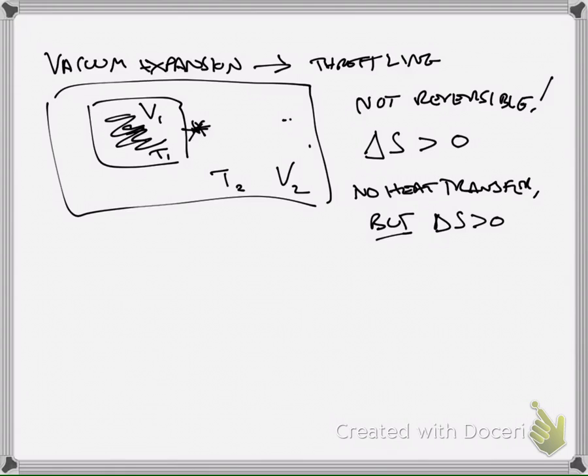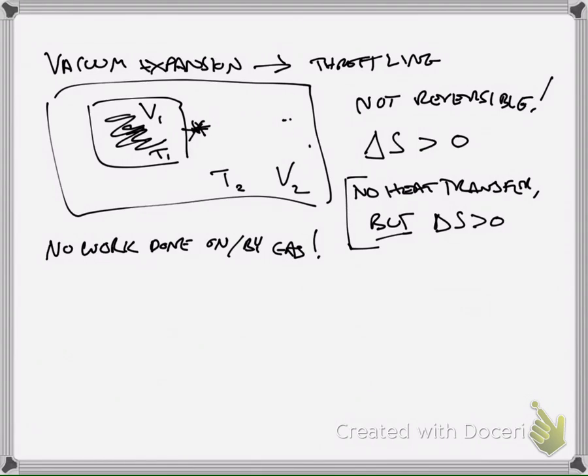This is a bit of a subtle point. So if there's no heat transfer, that's one point. The other thing you have to remember is there's no work done on or by the gas.